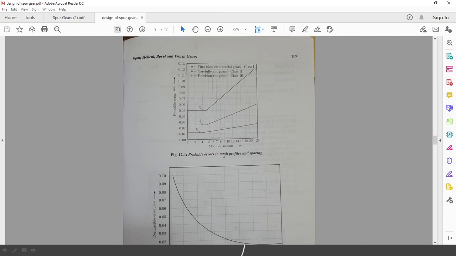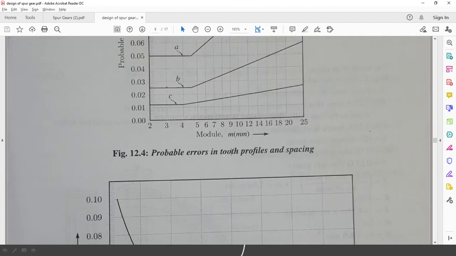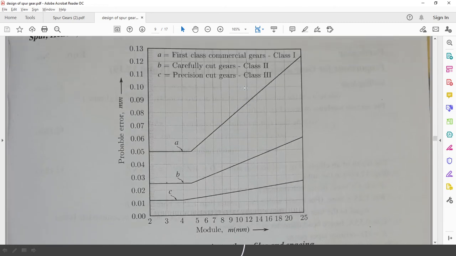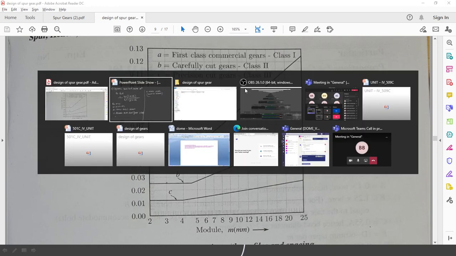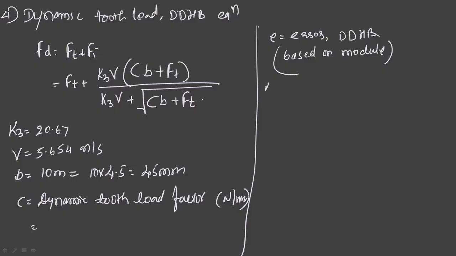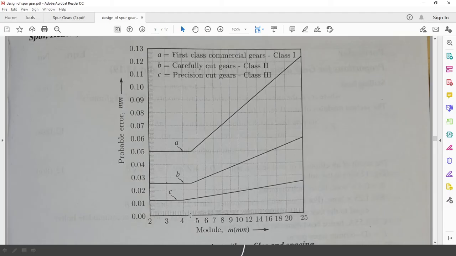You need to assume the type of gear, so let us assume class 2 gears.